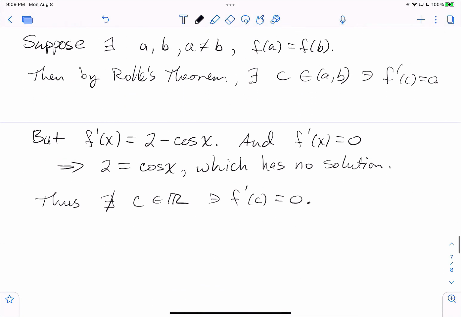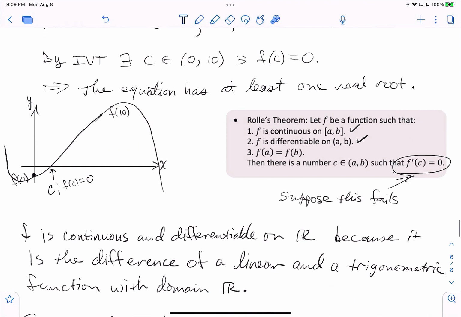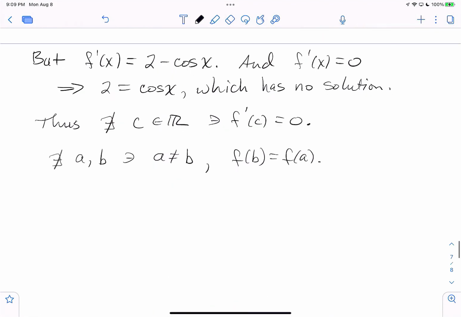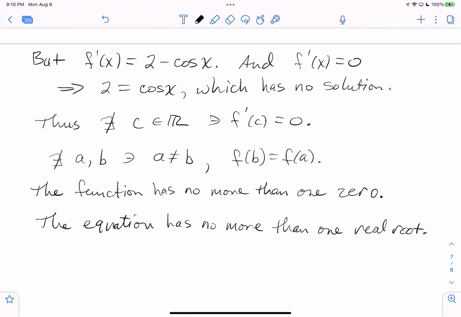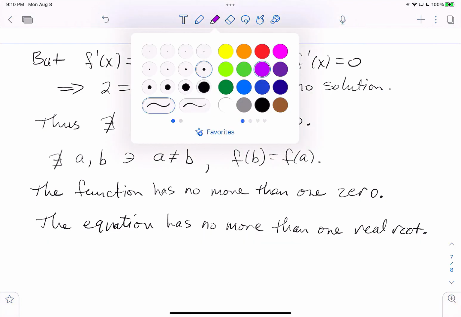It must be the case that f of b does not equal f of a. So there do not exist a and b such that a and b are different and f of b is equal to f of a. In particular, there can't be two places where the function value is equal to 0. So the function has no more than one 0. So the equation has no more than one real root.